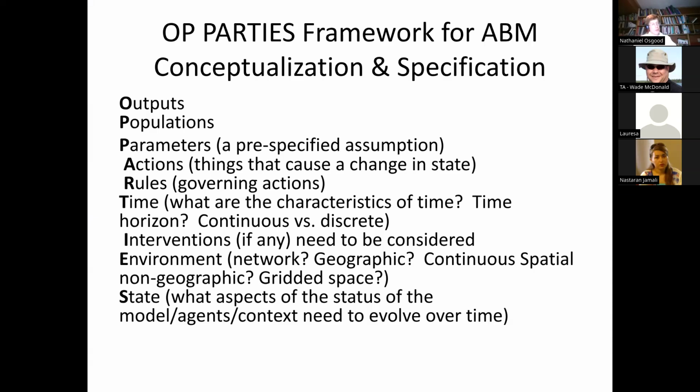This is related to Ross Hammond's Partey framework, but I parse it out a little bit more. So when you think about the scope of your ABM, it's useful to think about what populations there are, what outputs there are, and what assumptions you introduce.